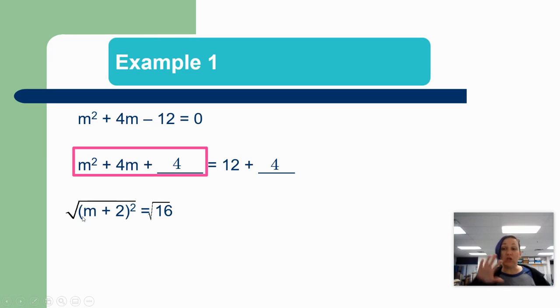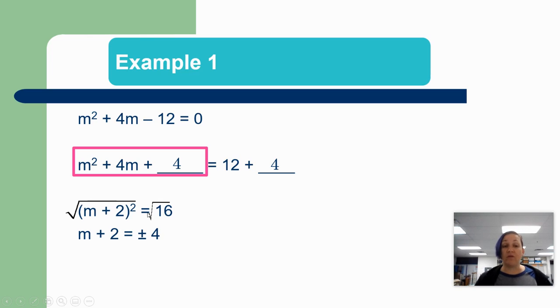So when you decide in an equation to square root both sides, on the side that did not have the square, you're going to need to put a plus or minus sign, because positive 4 squared is 16, but negative 4 squared is also 16.